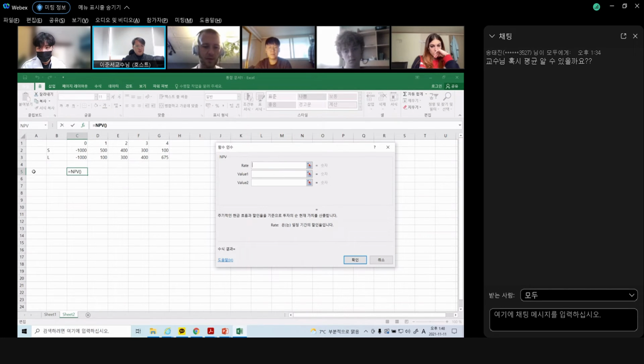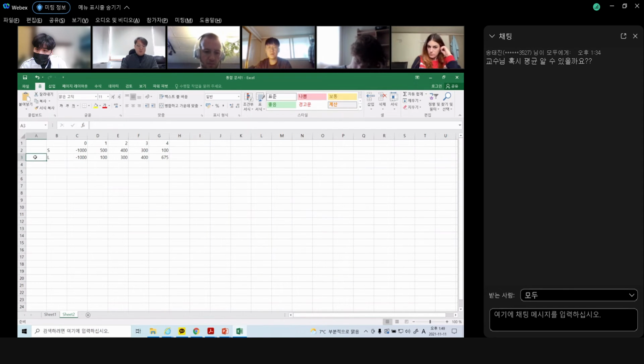So WACC, for example, here you go, and the value, A4, .1. This is WACC. If WACC is assumed to be 10%, we already figured out 10% by using the previous example in chapter 11. WACC was 10%, right?